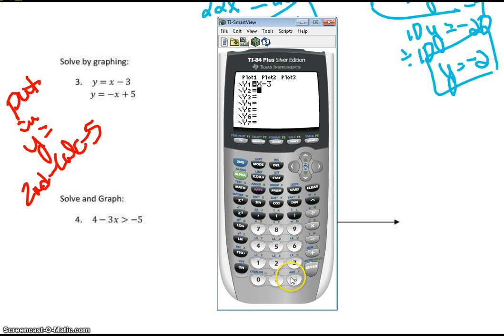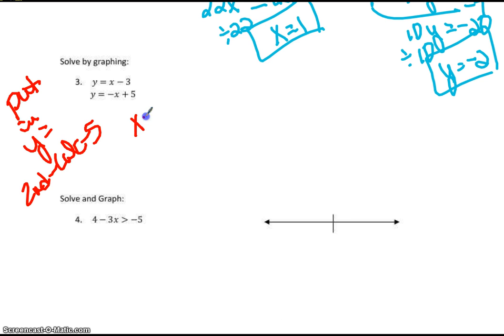And the other one is negative x plus 5. And we're going to go second, calc, 5, let it draw. Enter, enter, enter. And it's 4 comma 1.